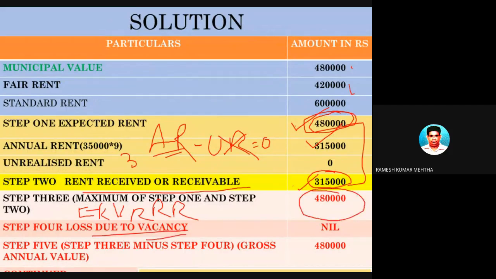Step 4, loss due to vacancy: as the house is not vacant for a single day, the loss due to vacancy is zero. Step 5 is step 3 minus step 4, which is 4,80,000 minus 0, equal to 4,80,000 rupees. So you got the gross annual value of the house property.